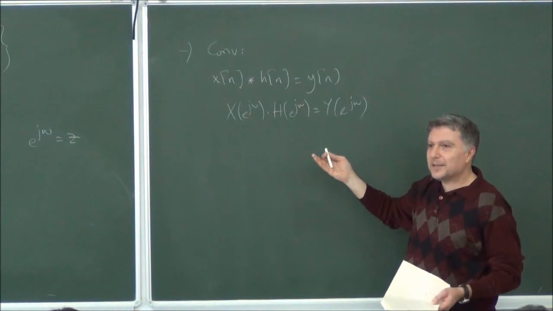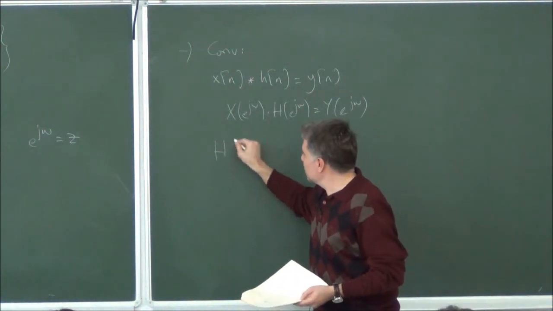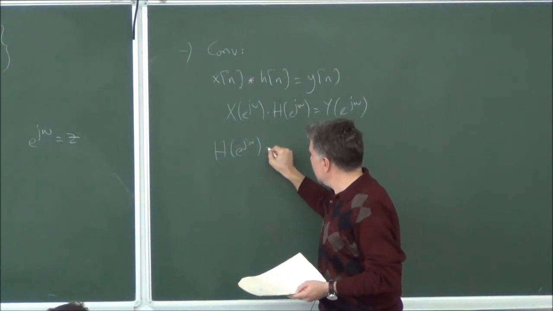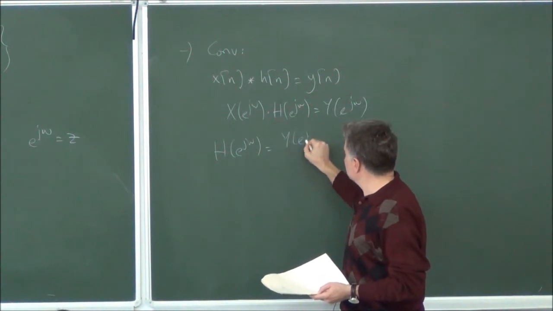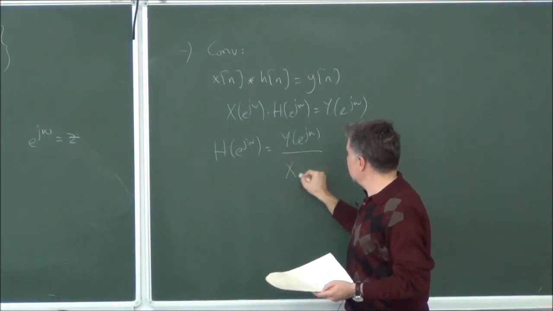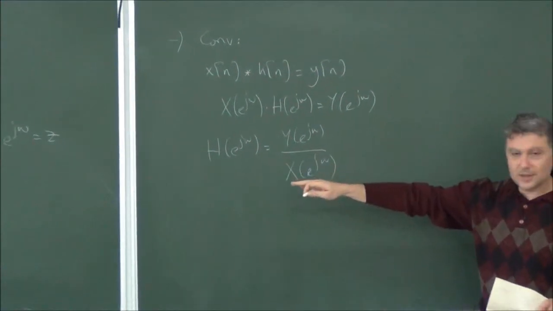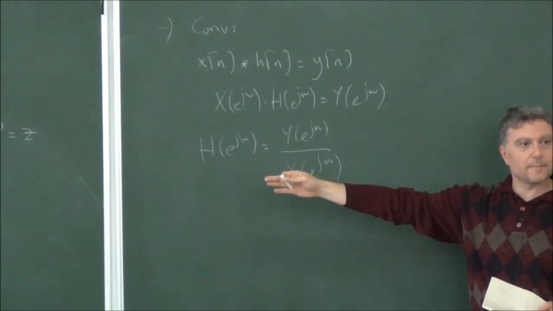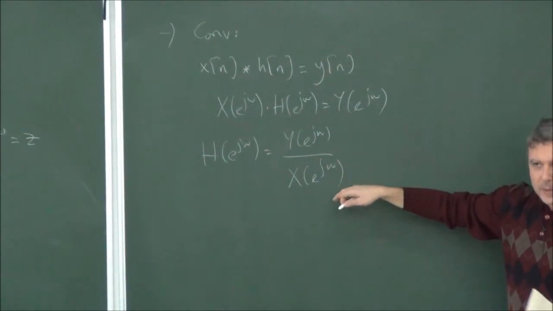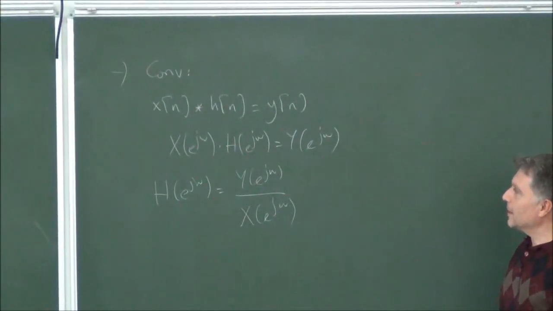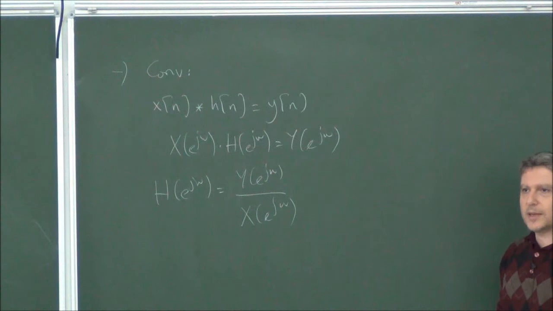And that's in fact why we have H of e to the j omega equals Y of e to the j omega over X of e to the j omega. That's how we solve that problem. But this is an expected property, and it also exists in continuous time as well.